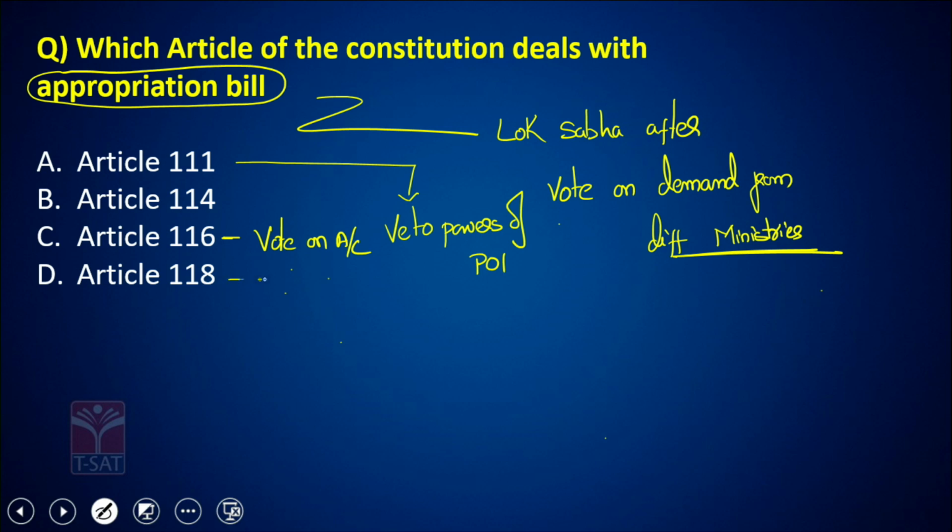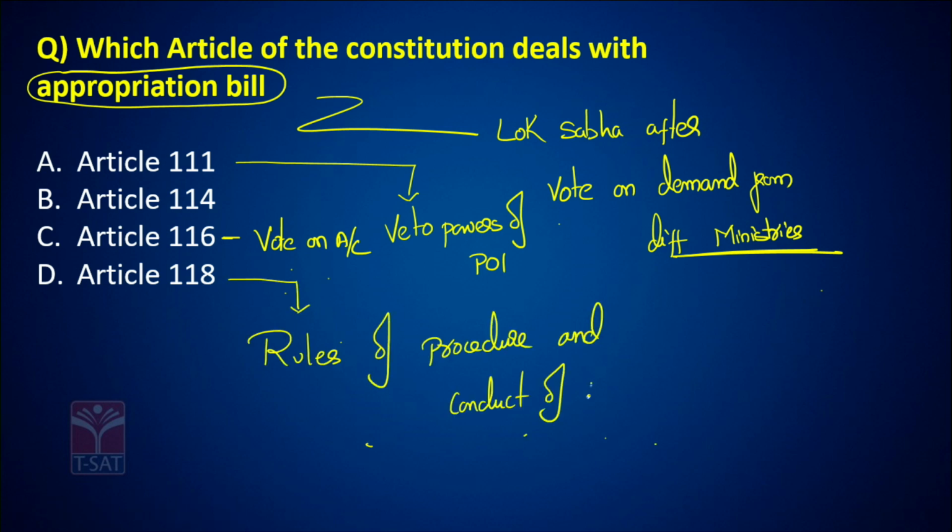Article 118 talks about rules of procedure and conduct of business. This is famously called ROB-COB. So the leftover is Article 114. Article 114 talks about appropriation bill. All these are very, very important for the exam.